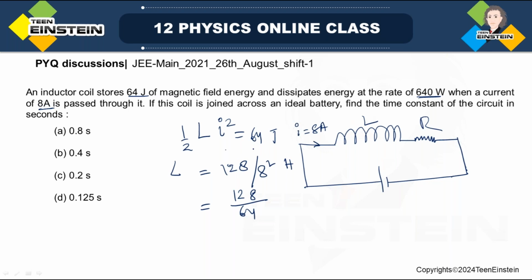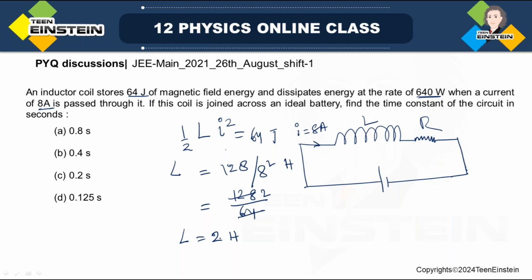Let me cross check. This I square is 64, this is actually 2, so I have got 2, right? So let L be 2 Henry.